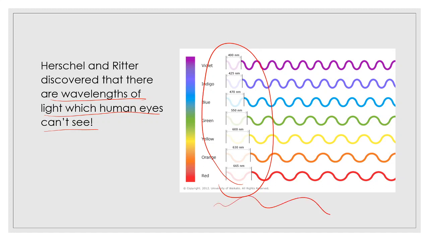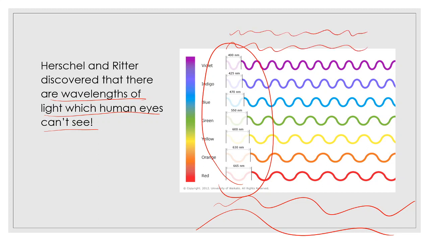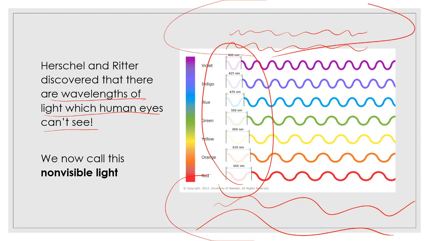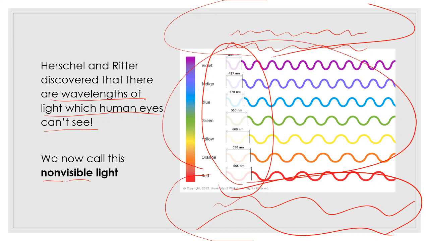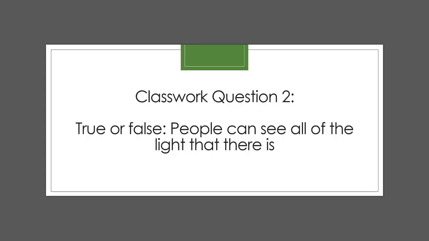There's more light that keeps on going down here and that keeps on going up here, but we just literally cannot see it. We call all of this light, the stuff that we can't see, non-visible light, which literally just means not visible. We can't see it, but it's there, and it behaves just like all of the light that we can see, just the same, but we can't see it.